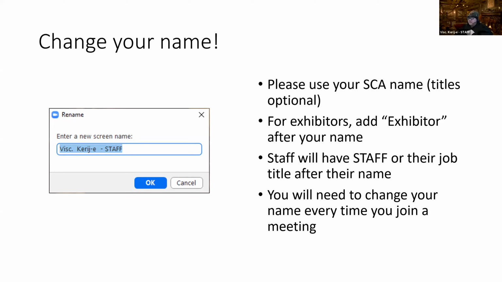Unfortunately, you will have to change your name every time you join a meeting. During the Athenaeum event itself, you will need to change your name for every meeting you have, as well as when you're joining the breakout rooms and the salons.